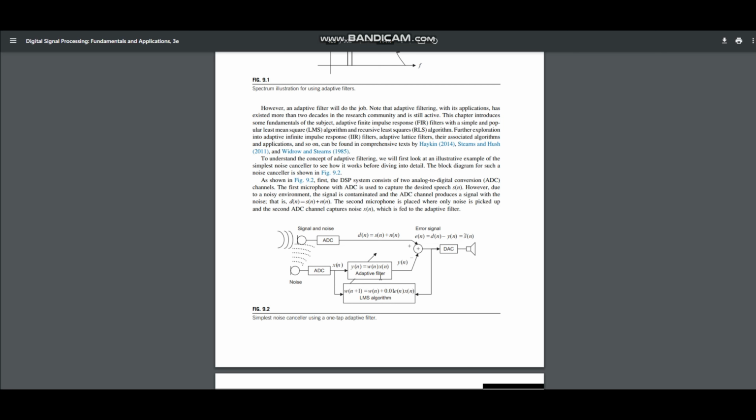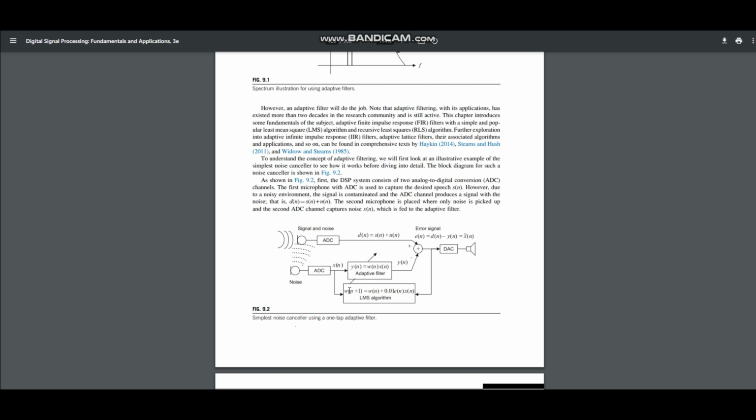Whereas y of n is simply a noise estimate, and it is given by the product of omega n and x of n, where omega of n is the adaptive filter with a specific weight. Then here we have the weight update mechanism, and this adaptive filter uses an algorithm, the least mean square, to update its weight.